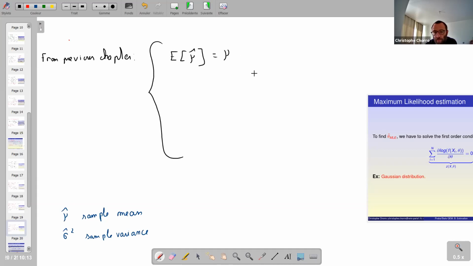It is mu, because I know that the sample mean is unbiased. I know that the expectation of sigma hat square, the sample variance, is biased: n minus 1 over n.